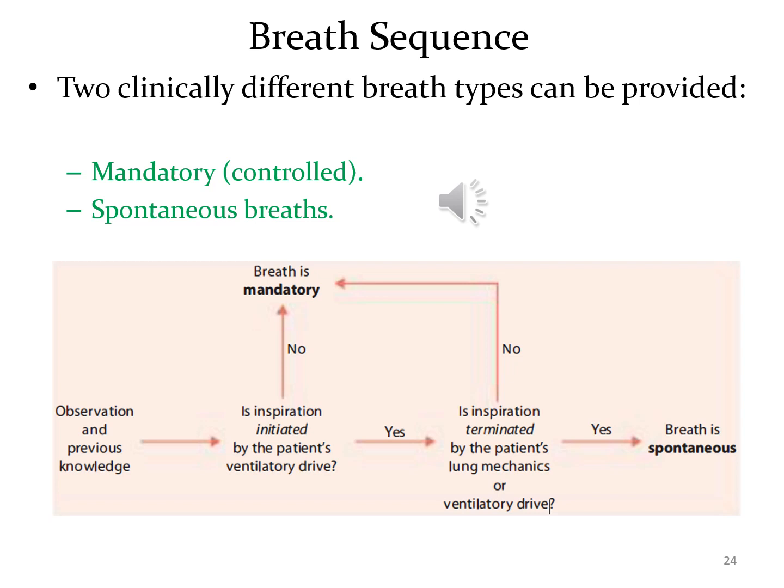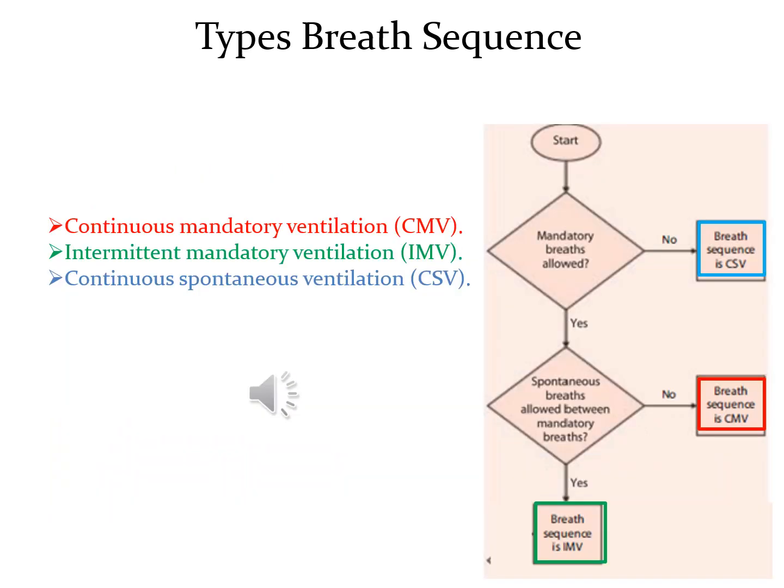If the ventilator determines either the beginning or the end of the breath, it is mandatory. The three types of breath sequences during mechanical ventilation are continuous mandatory ventilation (CMV), intermittent mandatory ventilation (IMV), and continuous spontaneous ventilation (CSV).